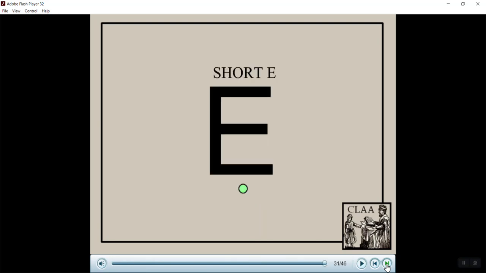The third sound in Middle English we need to learn is called a short E. This sound is not in Classical or Ecclesiastical Latin. The short E in Middle English is pronounced as eh, eh, eh.